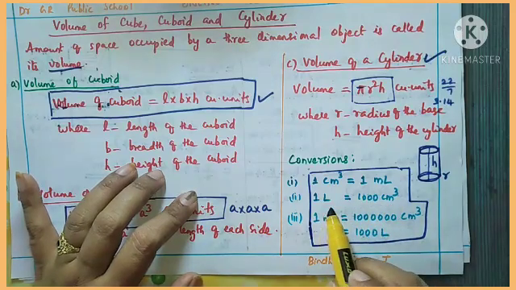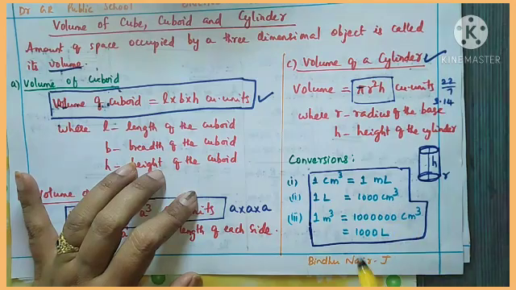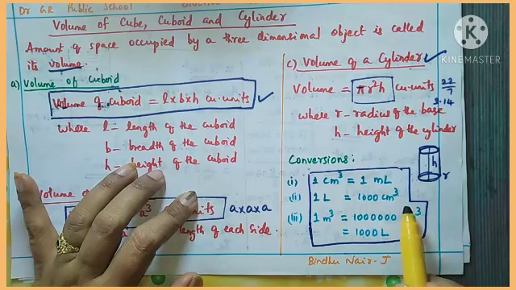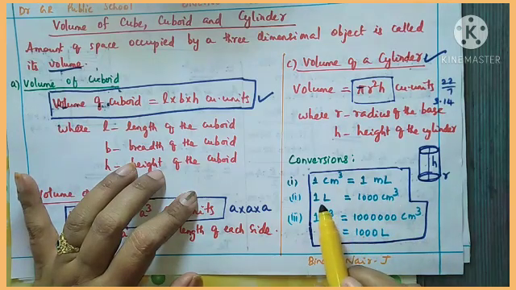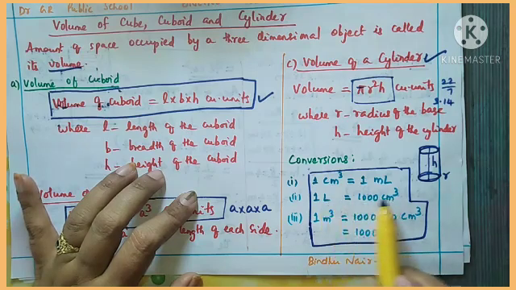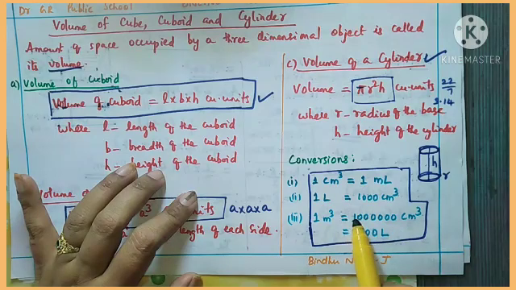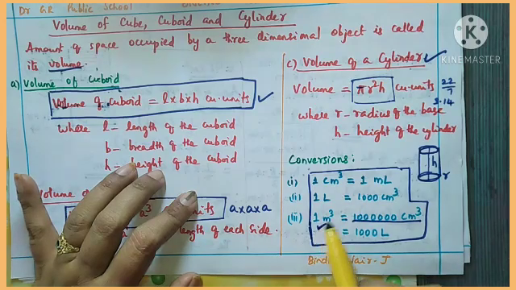Okay, so 1 liter is 1000 centimeter cube, and when you multiply this by 1000, that is 1000 liters, 1000 liters is equal to 1 meter cube. That means 1 meter cube equals 1000 liters.